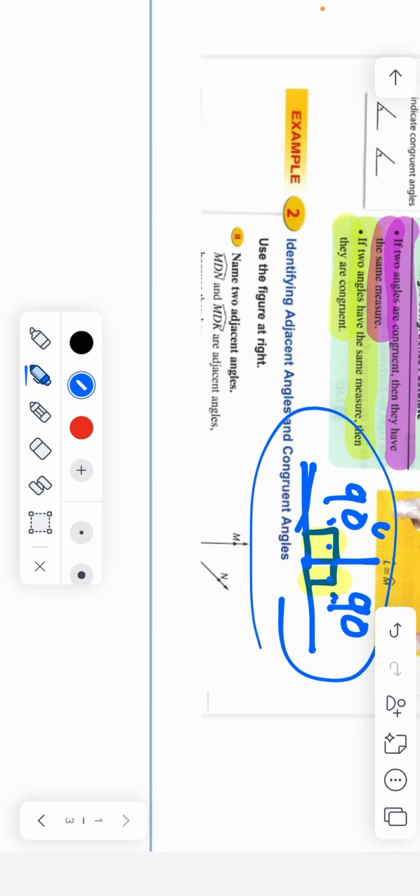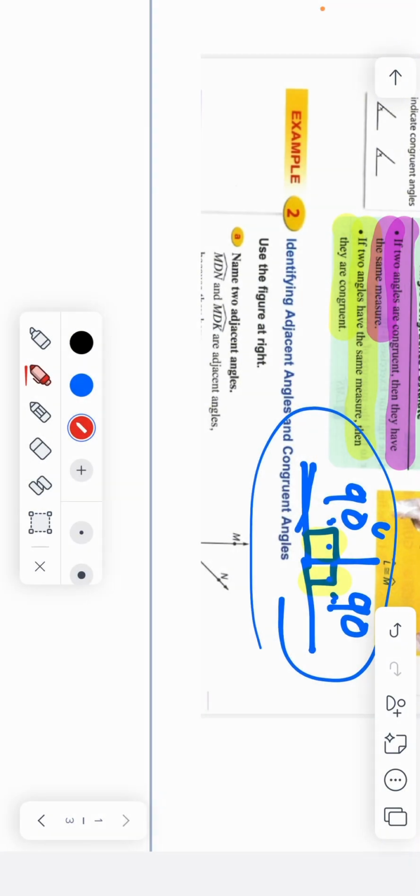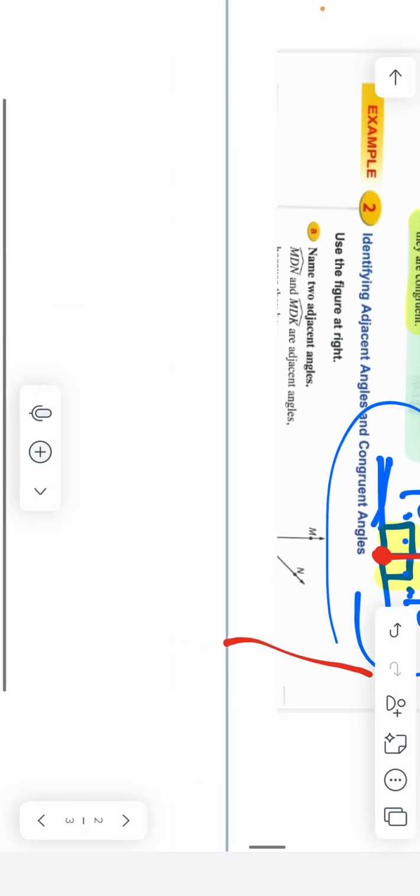They are both neighbors. There is a common line, which is this line, and a common vertex, which is that point. So at the same time, that example shows congruent angles and adjacent angles.